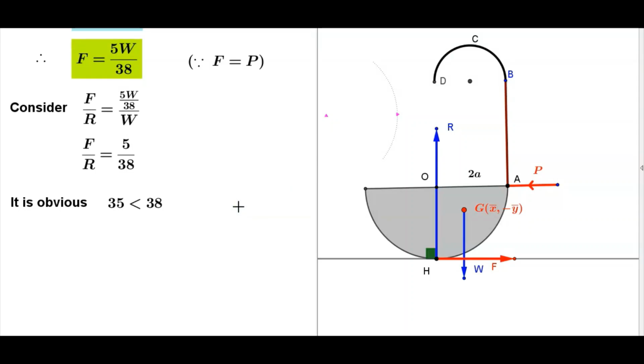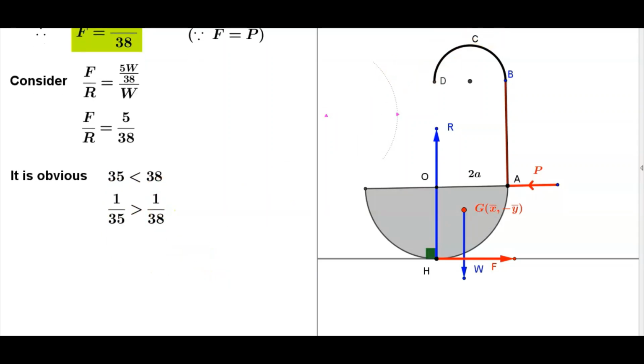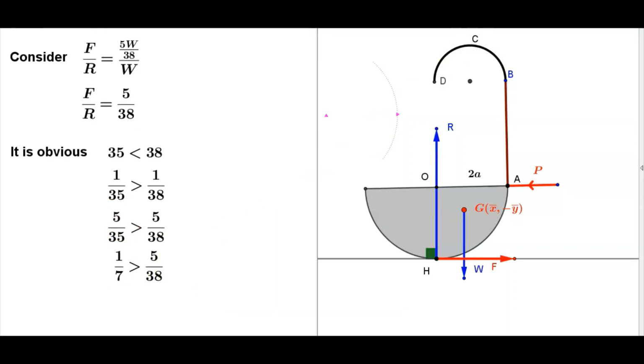Okay, now we do some small obvious statements. 35 is less than 38. Therefore, 1 over 35 is greater than 1 over 38, by the reciprocal inequality. So 5 over 35 is greater than 5 over 38. When simplified, 1 over 7 is greater than 5 over 38.